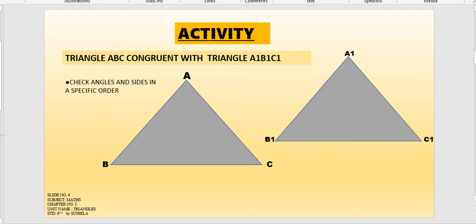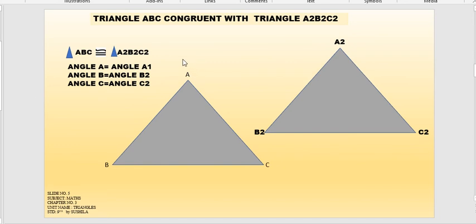The first part they have given in this form only. Now look at this triangle ABC, with A2, B2 and C2, right? You have to compare the main triangle with the other triangle with respect to their angles.